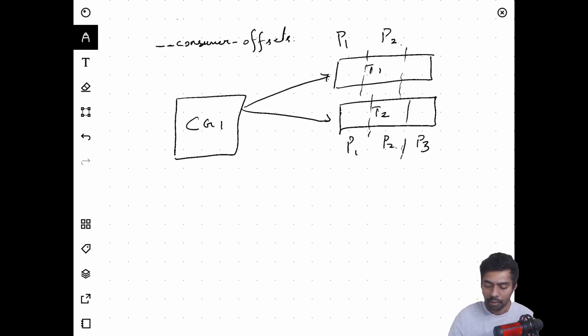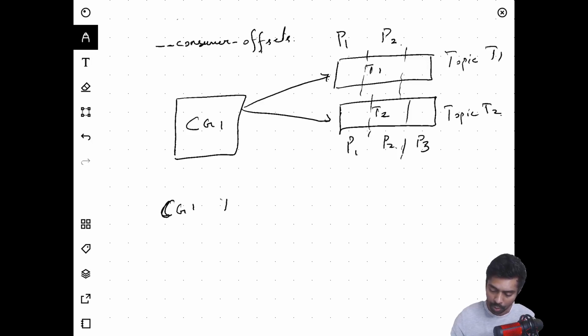Now, how things are going to get stored in consumer group offsets is, for CG1, say this is topic T1, and this is topic T2. So the __consumer_offsets topic is going to have records like CG1, topic T1, and then for partition 1, the last read offset is say 21.